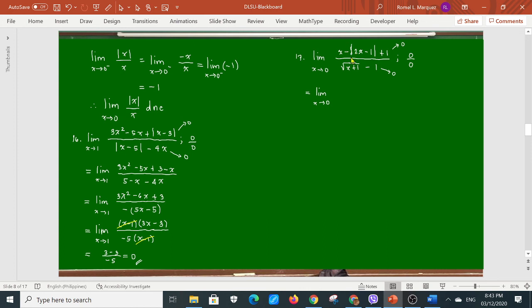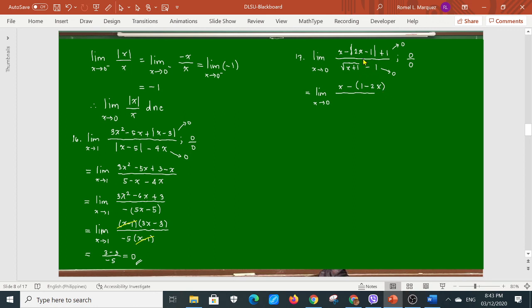What about this, guys? How do we remove the absolute value? Again, this is x. 2x minus 1, 0 minus 1, so it is going to be negative. What is the absolute value? The absolute value is 1 minus 2x.